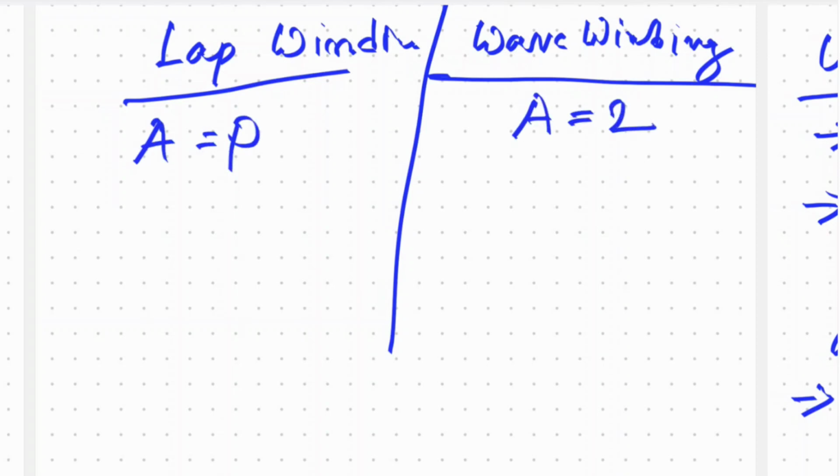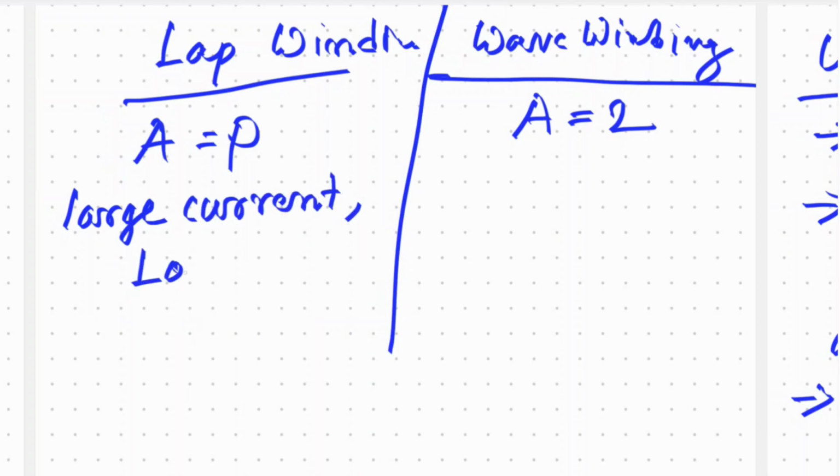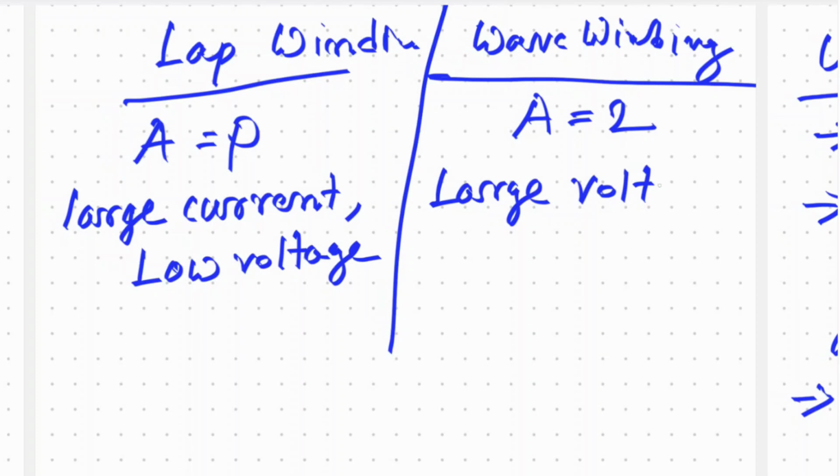This lap winding is used for large current and low voltage, and this wave winding is for high voltage, low current.